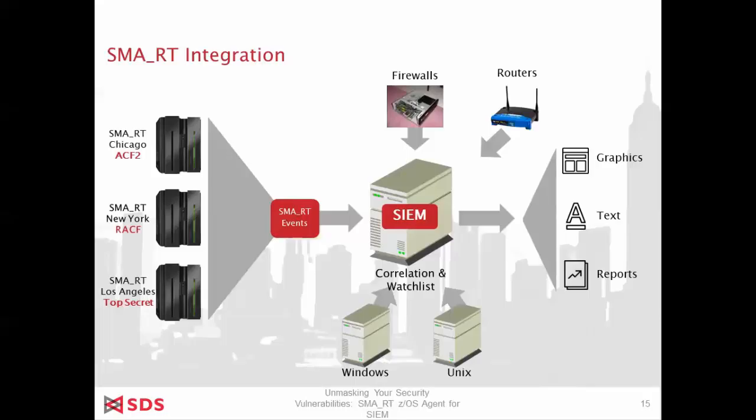In this example, I have an agent running on an Alpha in Chicago, one in New York, and one in Los Angeles, and they're all sending events through to my SIEM, the local SIEM. And as you can see, one is running ACF2, in New York we're running RACF, and the one in Los Angeles is running Top Secret.